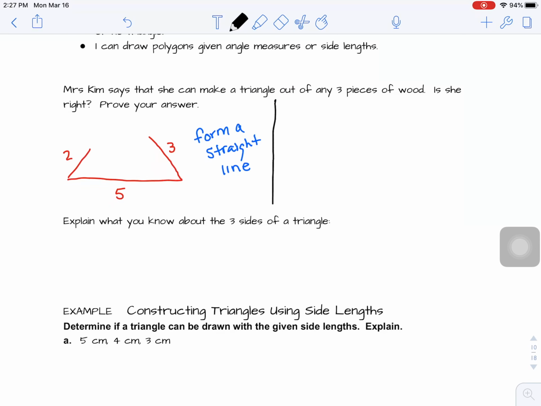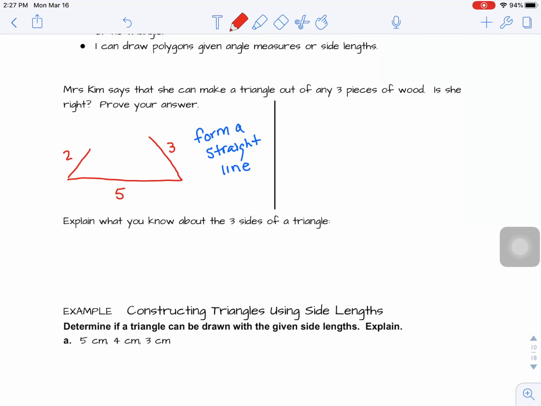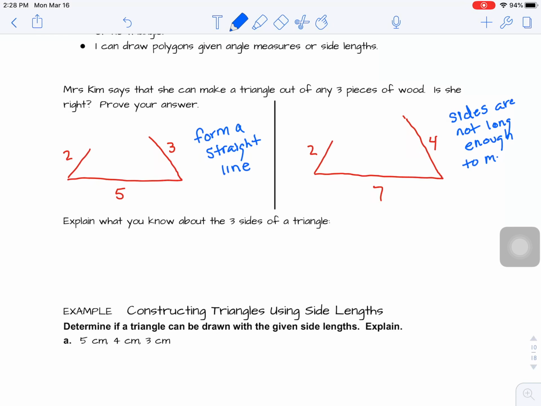Another example might be if we had sides, let's say now, that these were 2, 4, and 7. So this one, the sides are not long enough to meet.